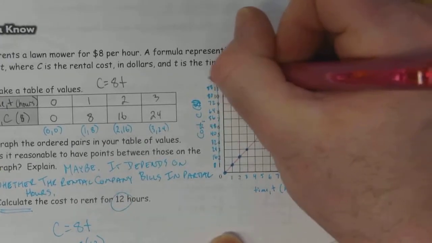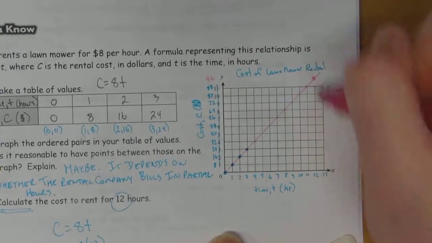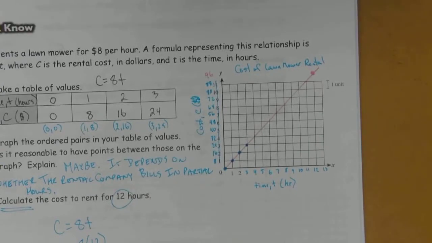So then if you add another 8, you'd be at 96 for that point there. So that would be a way to confirm that your calculation is right, or close to right anyway.